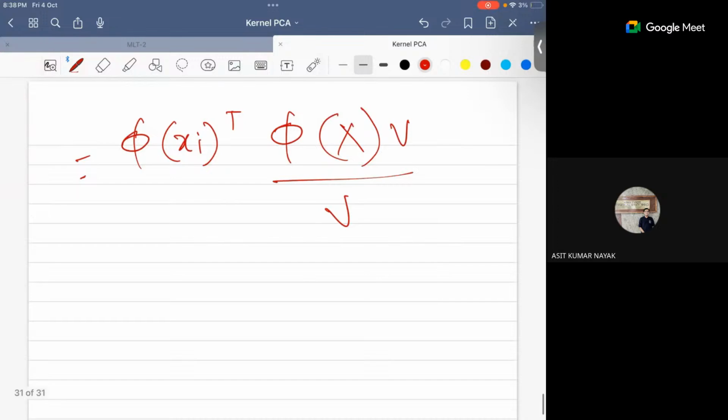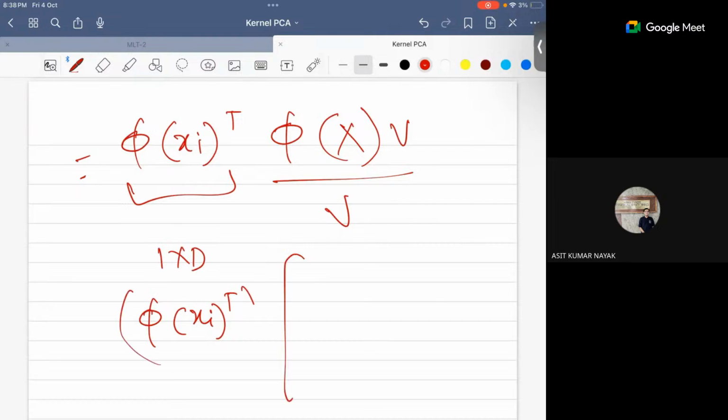Constant doesn't make any sense. So this is in the form of what? The dimension is 1 cross D, you write phi of xi transpose multiplied with phi of x1, phi of xi, similarly phi of xn.